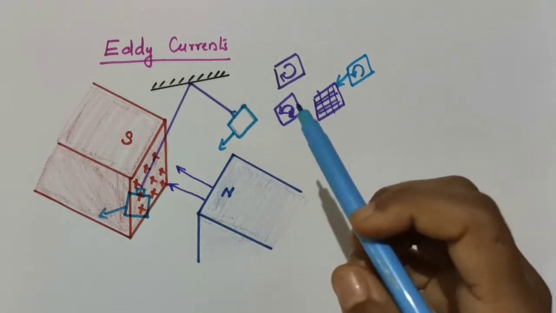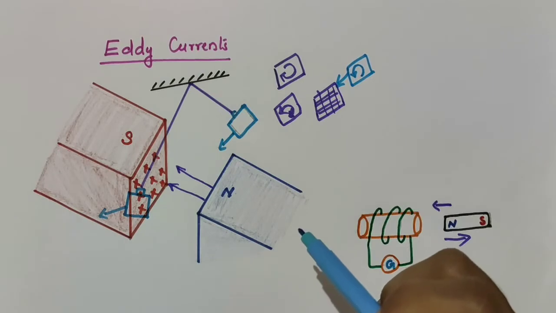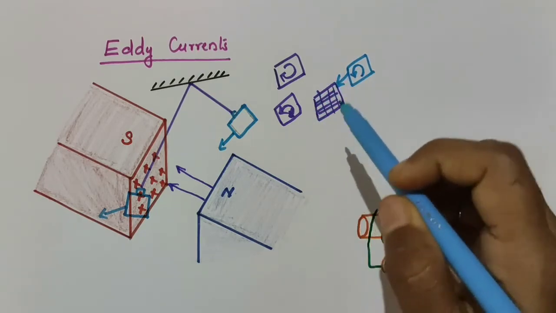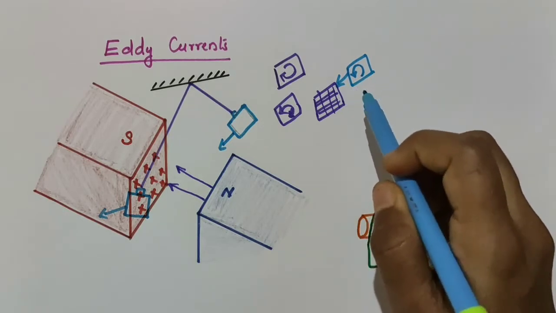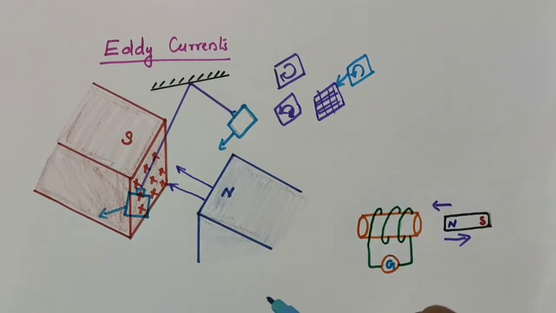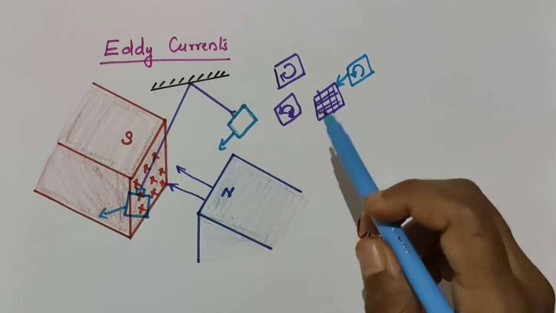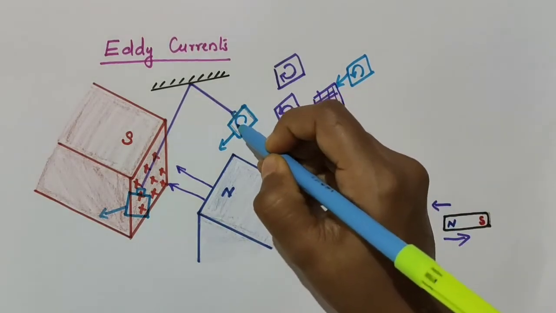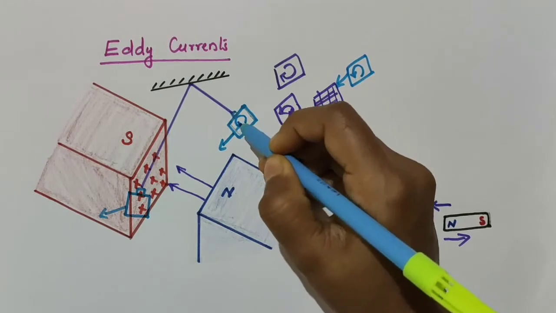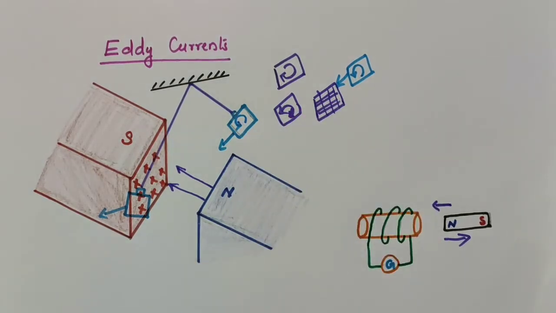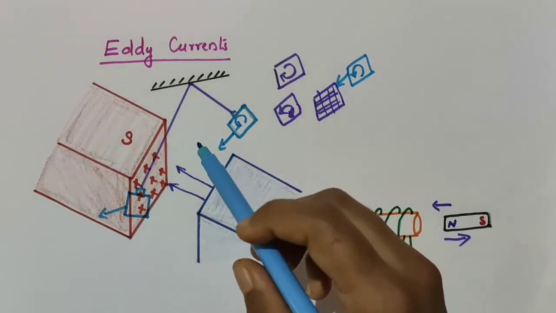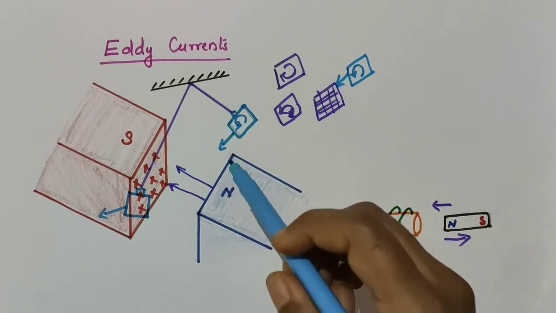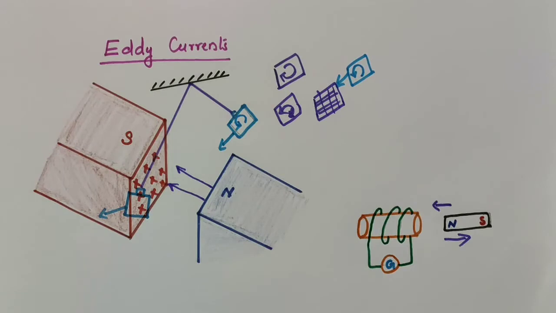That is, an eddy current is produced there. Eddy current is an induced current, but it is a circulating one. It is a swirling one. So eddy current is produced here in the copper plate. Electrons are circulating so that we get a circulating current in the anti-clockwise direction, and this circulating induced current is called eddy current.